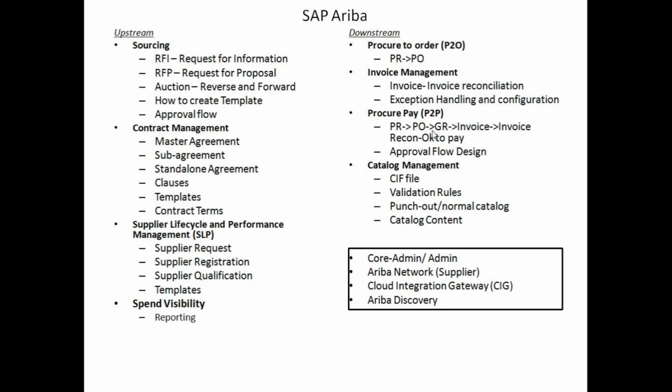Here, this is procure to order. I'm sure not everyone tells you this. P2O is part of your complete procure to pay process. You must have heard of procure to pay in the market, right? But what is P2O? Some companies only use the procure to order part of Ariba.